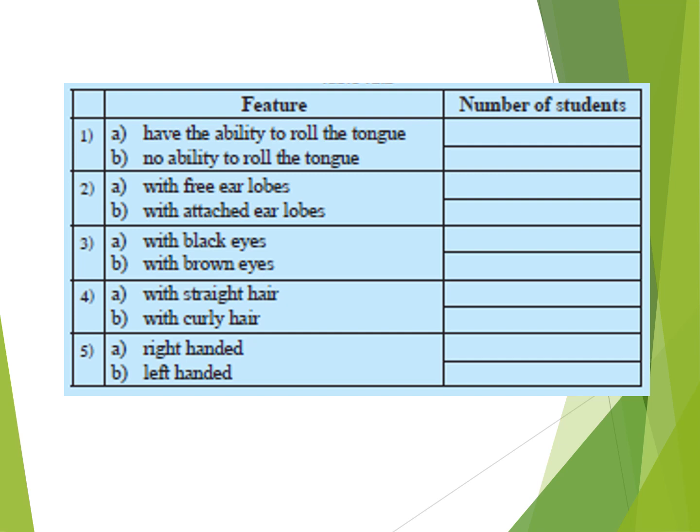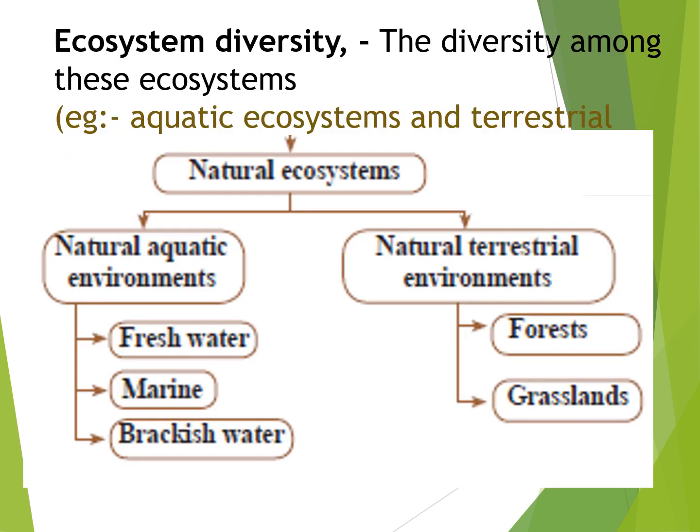So likewise, because of this genetic diversity, people show many different characteristic features. Not only people, in all organisms within one species, we can see differences. That is called genetic diversity.